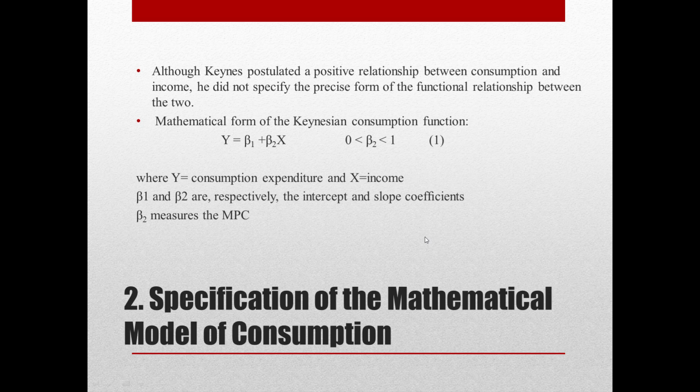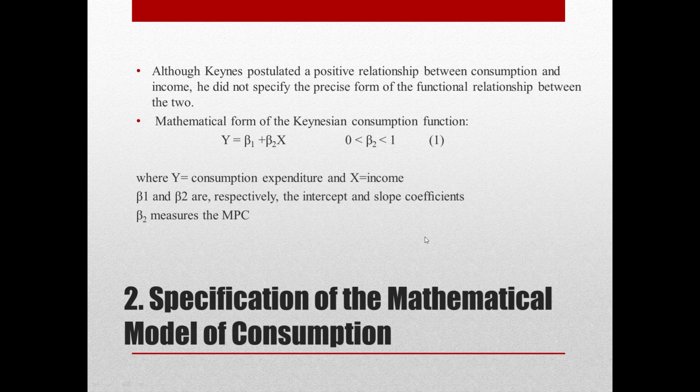Now this purely mathematical model of the consumption function is of limited interest to the econometrician because it assumes that there is an exact relationship between consumption and income. But we know economic relationships are generally inexact. Like in this example, in addition to income, other variables can also affect consumption expenditure, right?